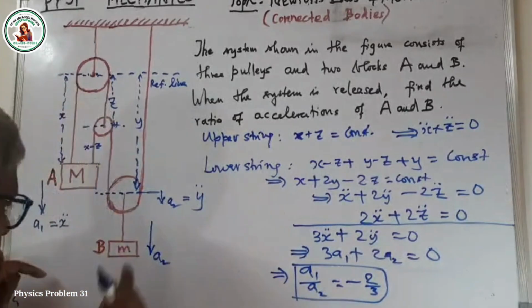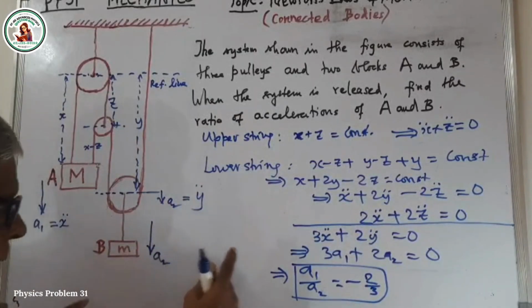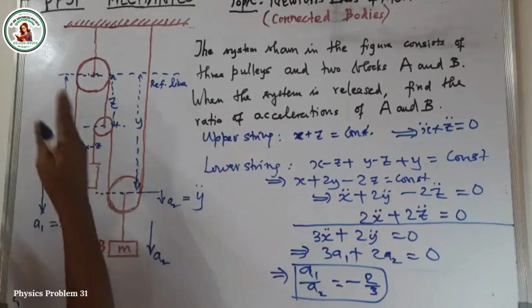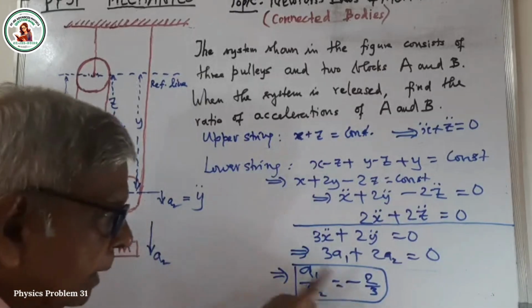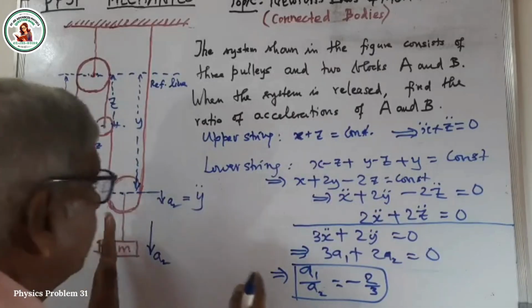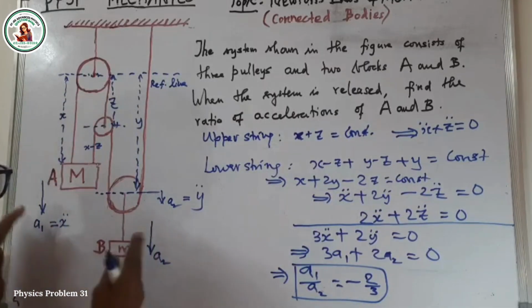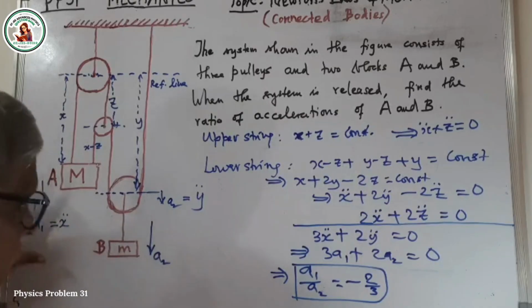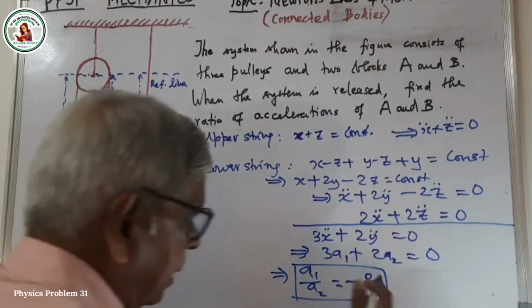If A1 is down, A2 must be up. Likewise, if A2 is down, A1 must be up. That is indicated by this minus. So when you work out the actual accelerations, you take one of them as it is and reverse the other.